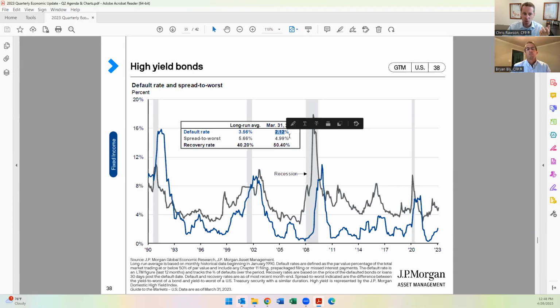The average right now is just over 2. The long run average is 3.5, but this trend is moving in a direction that would say this is not an area that we want to move into currently. And it's just one of those things that we view. Not everything is rainbows and butterflies. So we're seeing some of this happen now.